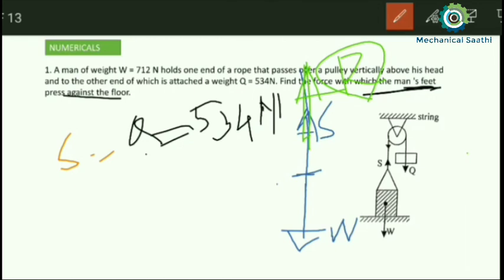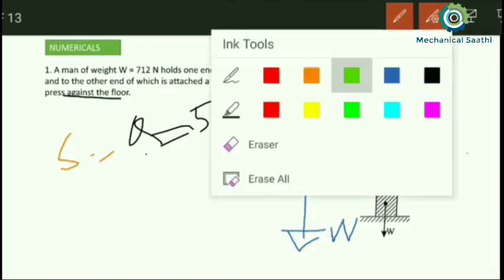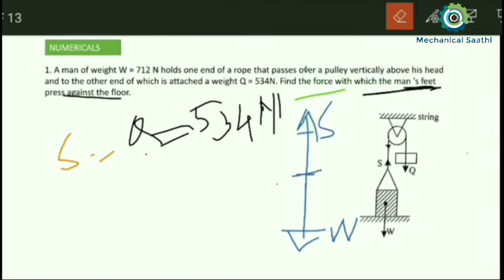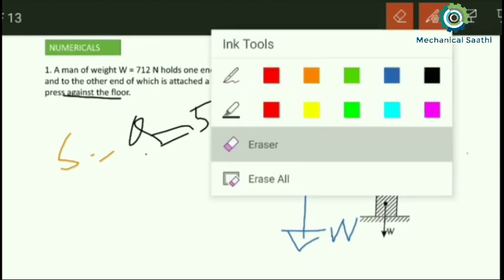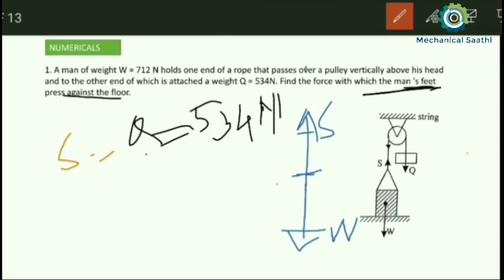Otherwise, I am not taking this R. Without considering the reaction force, we can consider only this string force and this W. We have already discussed the parallelogram law of forces, so by using that law we need to find the answer.